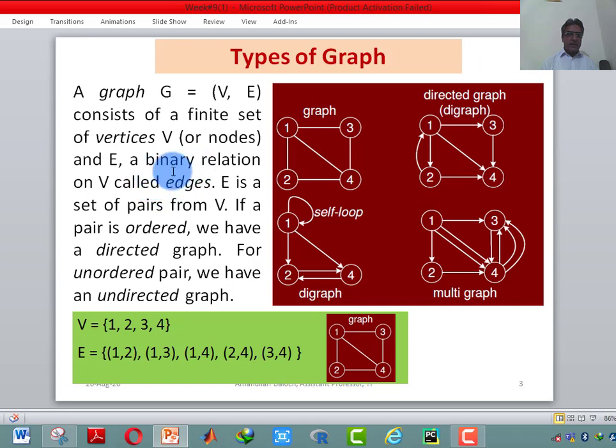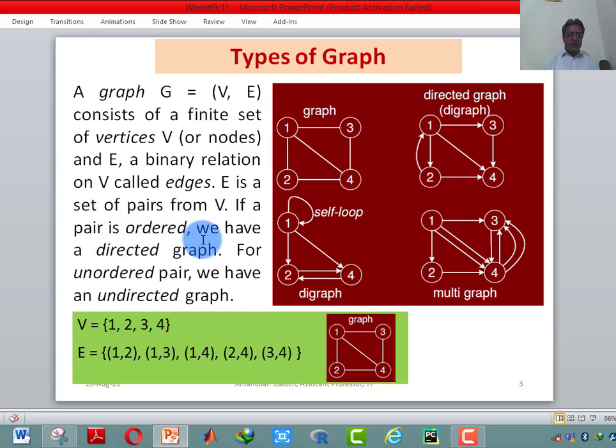That is why it is a binary relation on V called edges. The binary relation depends on this V set. E is a set of pairs. E is a set with 5 members, and each member is a pair from V.